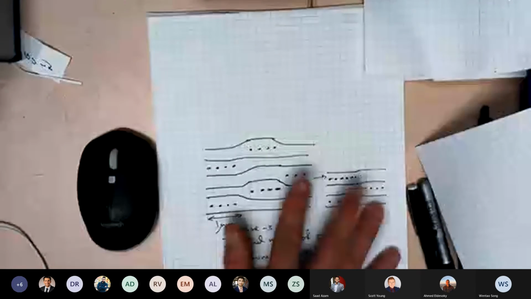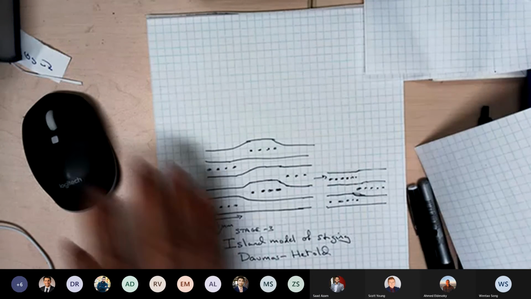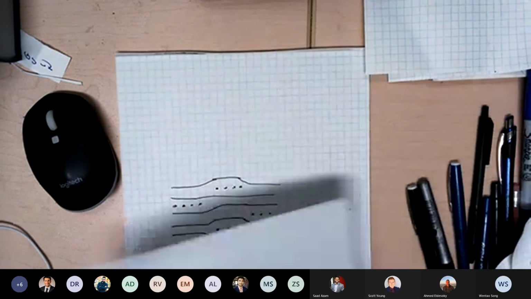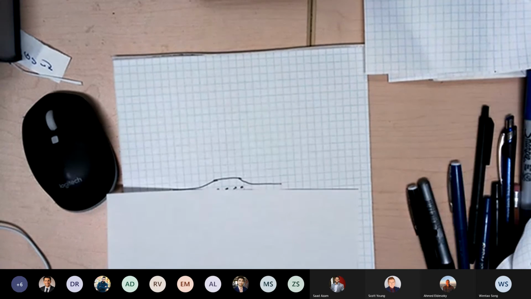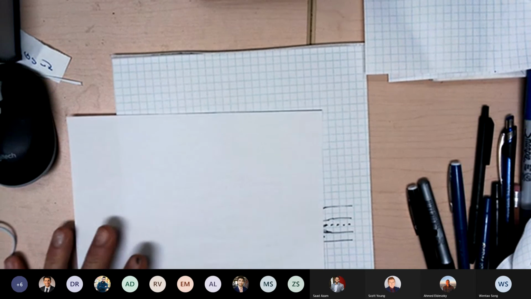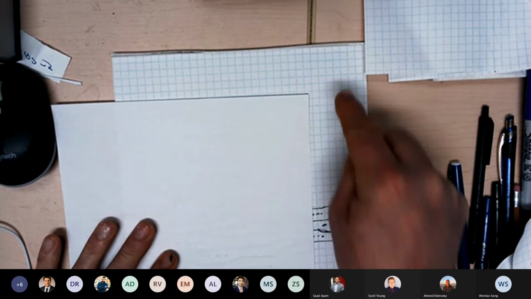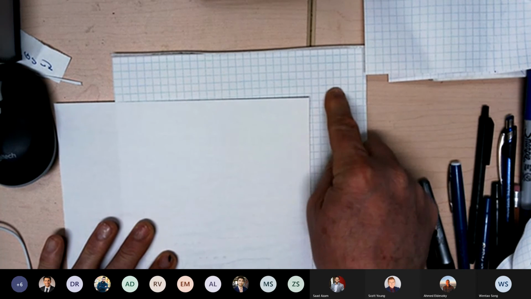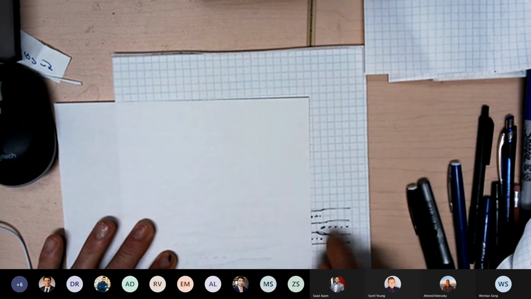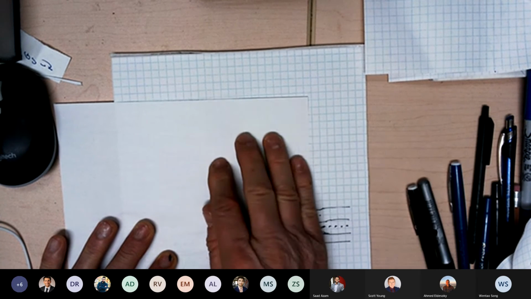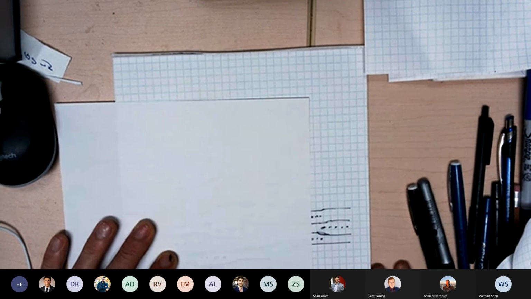How about now? There you go. Thank you. All right, so you should be able to see 2 pieces of paper. One that has the cross hatching of a typical quad ruled piece of paper, and the other one should be white. Do you see those 2 pieces of paper? Yep. Okay.